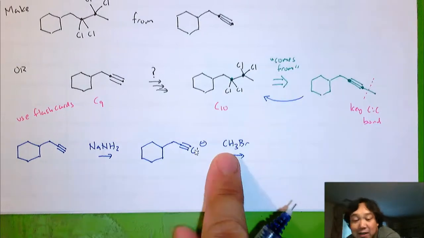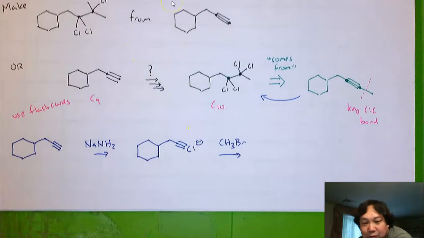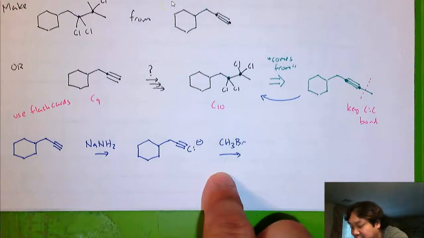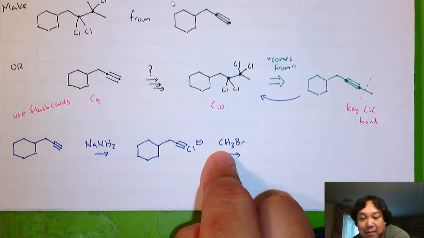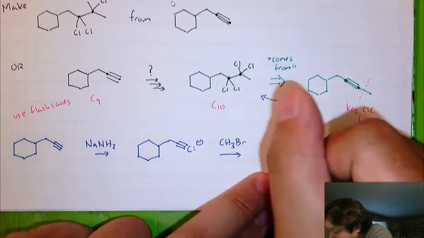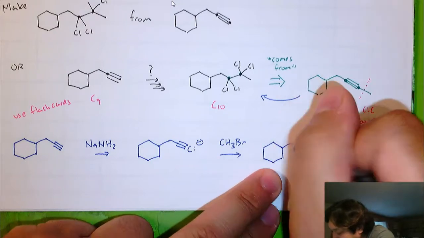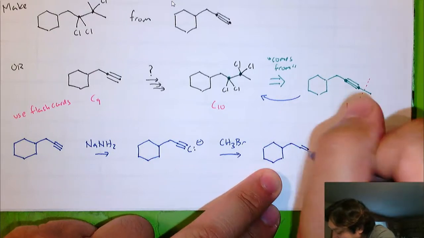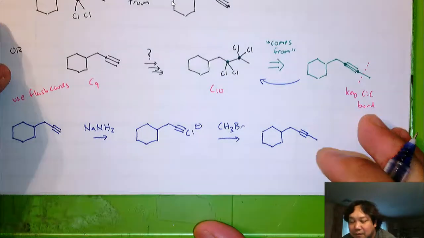This is an alkyl halide. This is a methyl halide. And if you remember the rules, in the alkylation reaction, you can use very uncrowded halides, a methyl halide or a primary alkyl halide. Again, if this is the first time you're seeing anything like this, then it is going to seem very confusing, very intimidating.